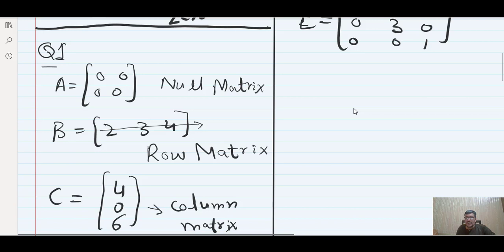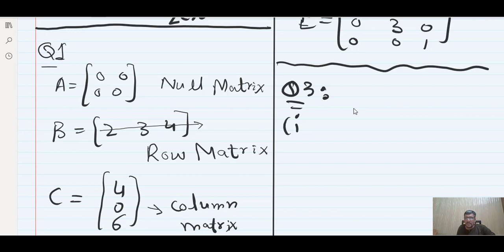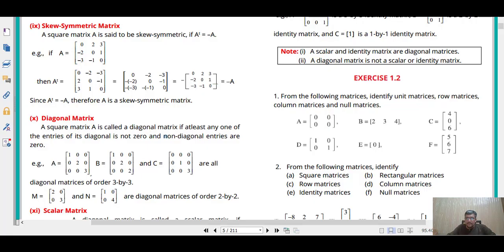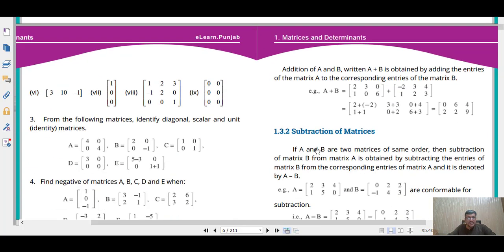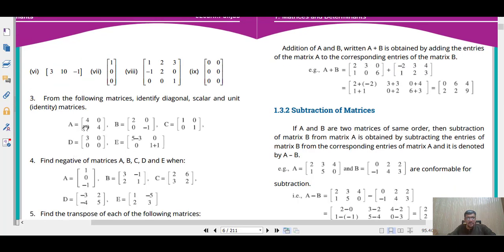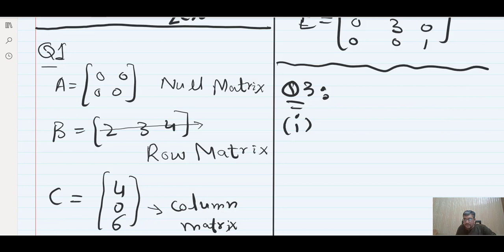I hope the types are clear to you. So question number 3, I am going to solve the first part, and the first part is that A is equal to 4 0 0 4. Very good question.